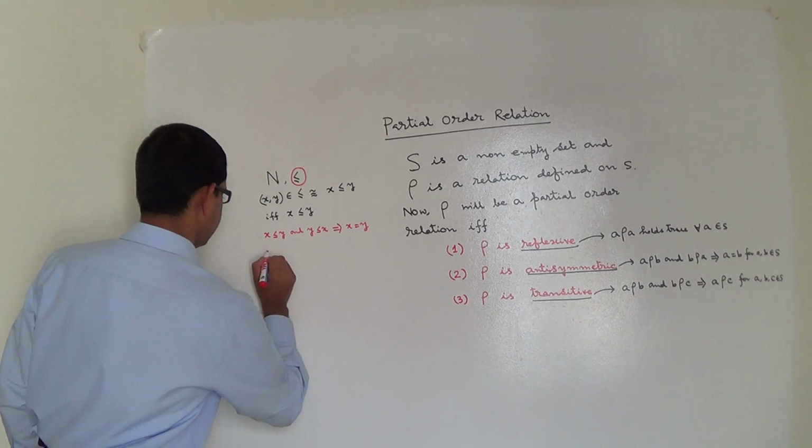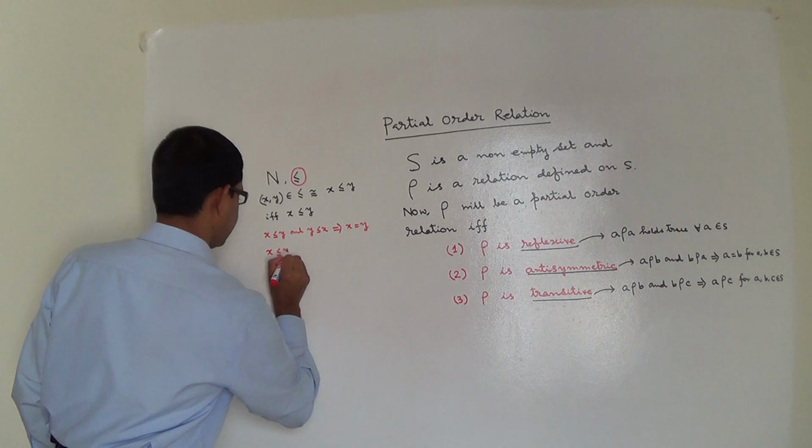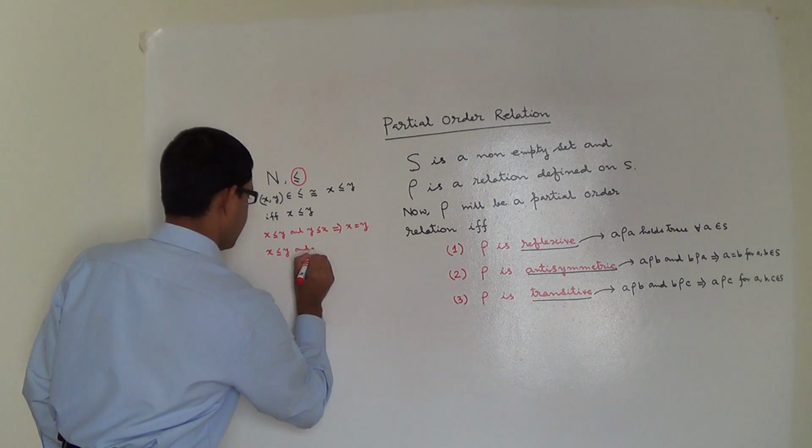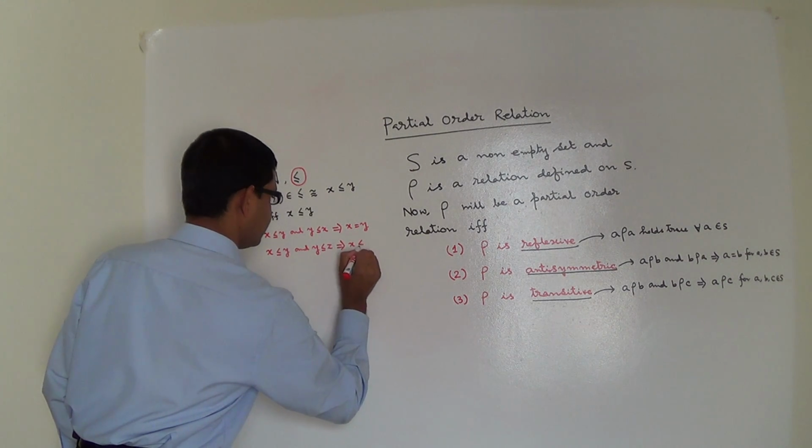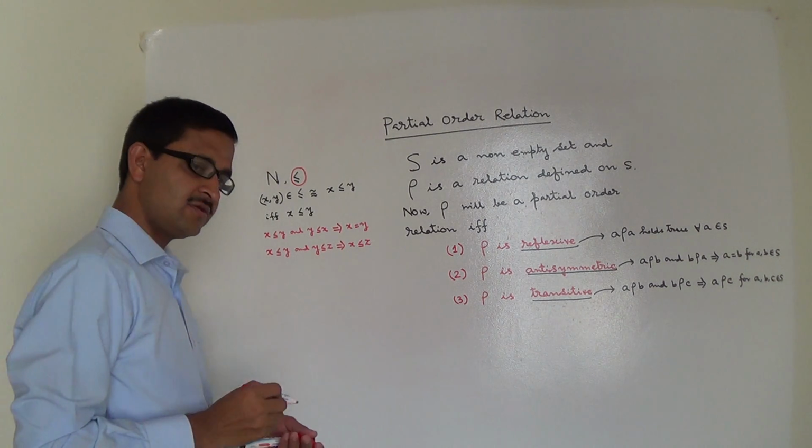And transitive: let's take three elements x, y, z. If x is less than equal to y and y is less than equal to z, that implies x is less than equal to z. So it is transitive.